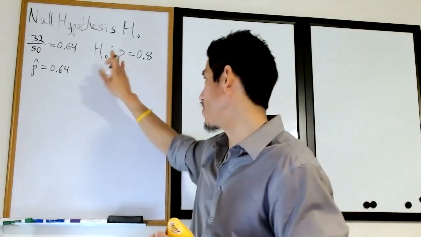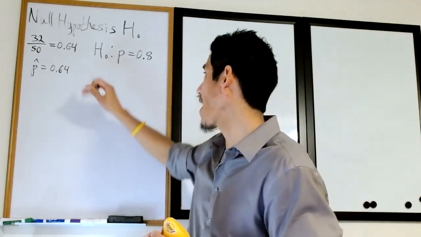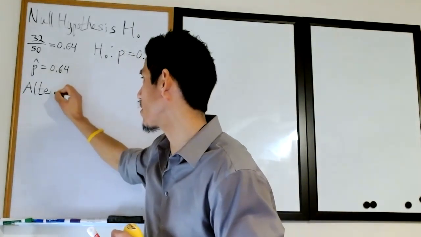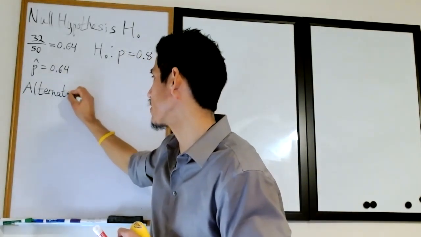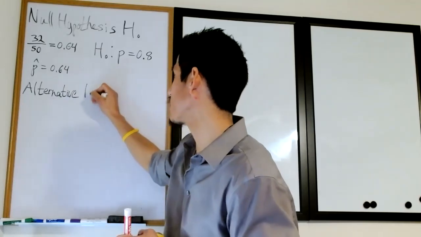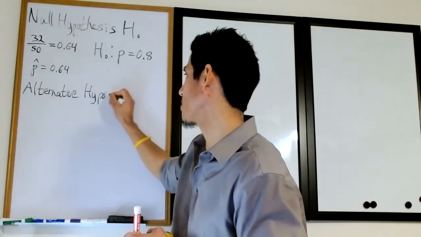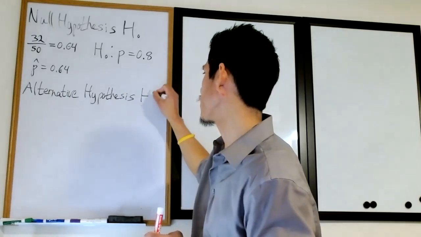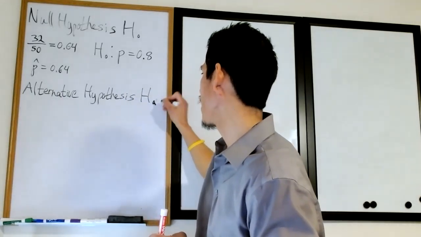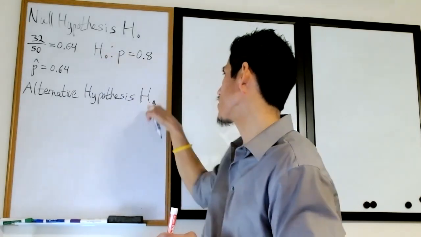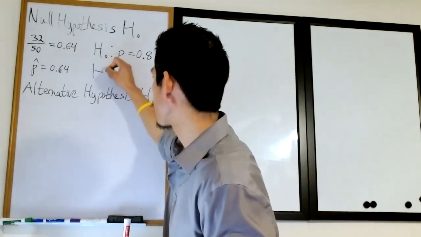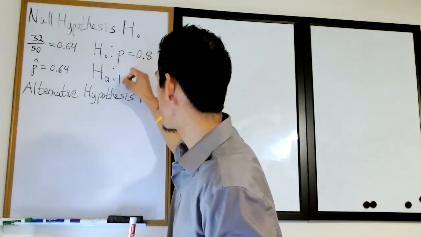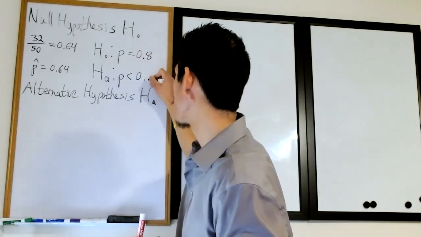Now, this is the null hypothesis, and the counterclaim is called the alternative hypothesis. The alternative hypothesis goes against the null hypothesis. The alternative hypothesis we write as Ha. So we have your H0 versus your Ha, and your Ha would be that p is less than 0.8.